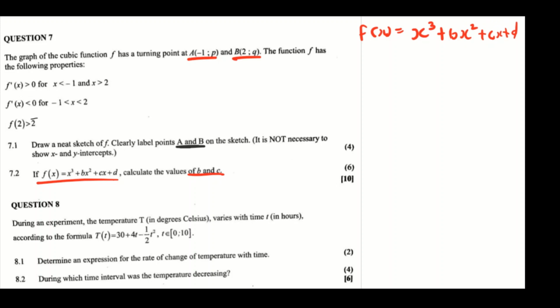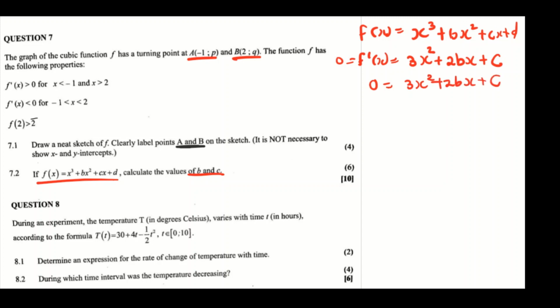To find the turning point of a cubic function, we derive and equate to 0. So we derive this, equal to 3x squared plus 2bx plus c. Then we equate this to 0. So 0 is equal to 3x squared plus 2bx plus c, right?